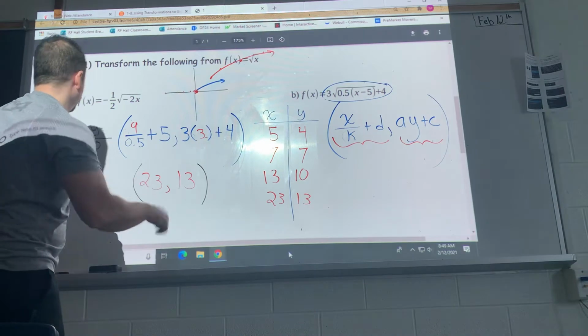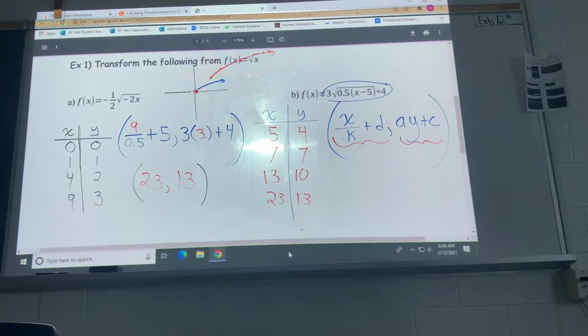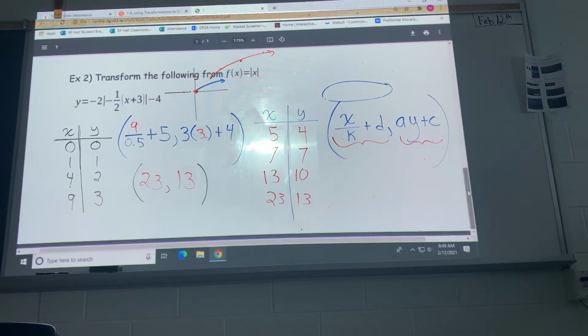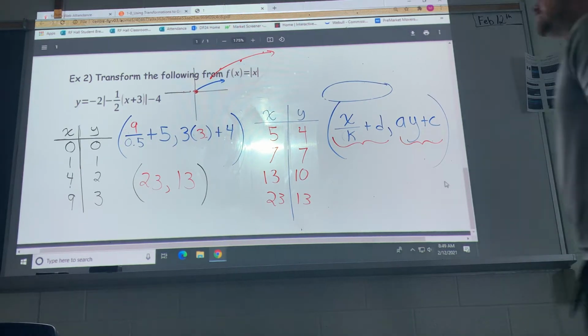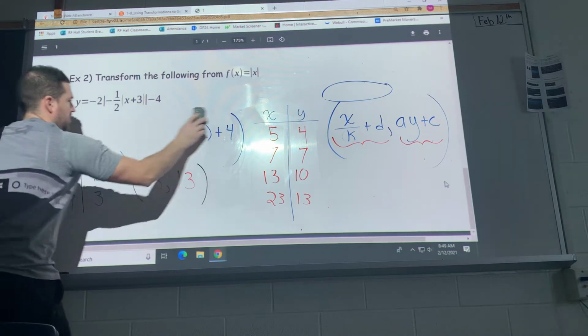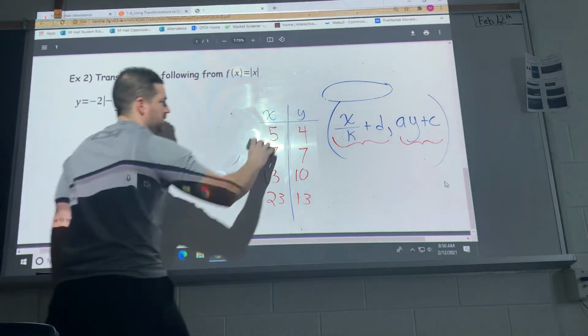All right, so we're gonna move down to the last one now. The whole equation.